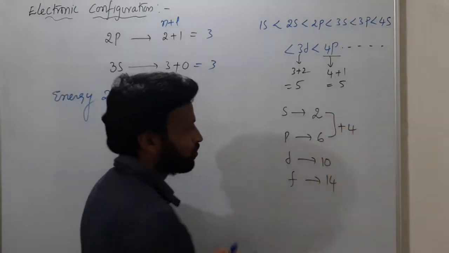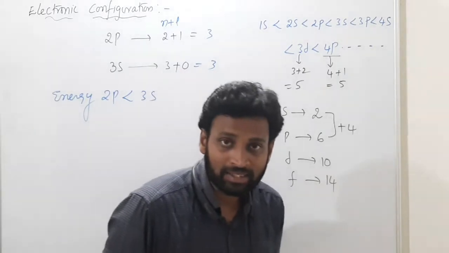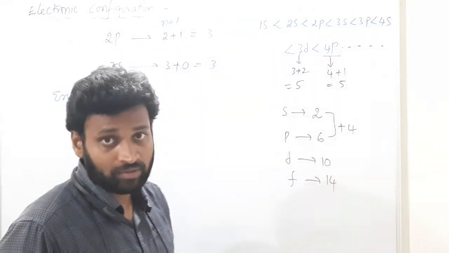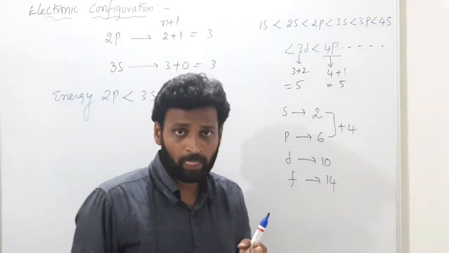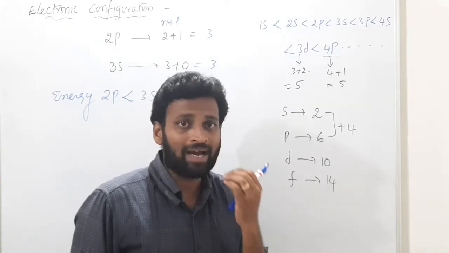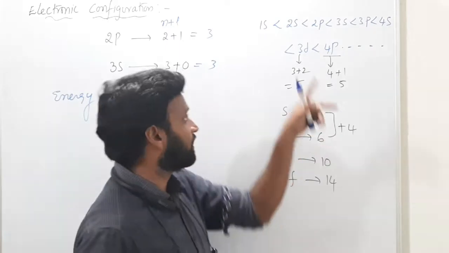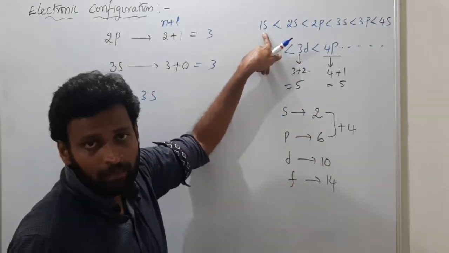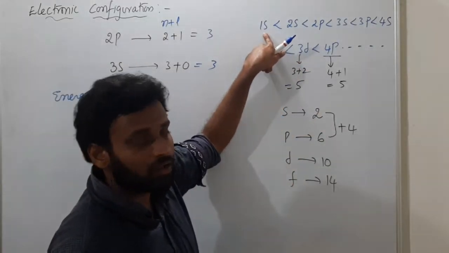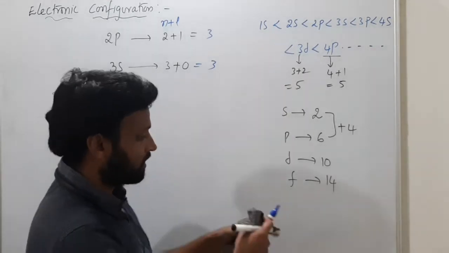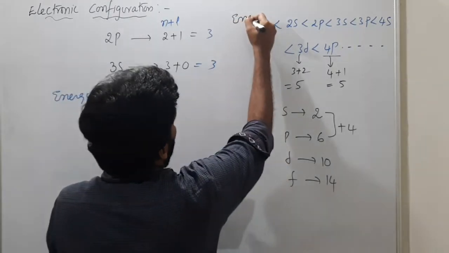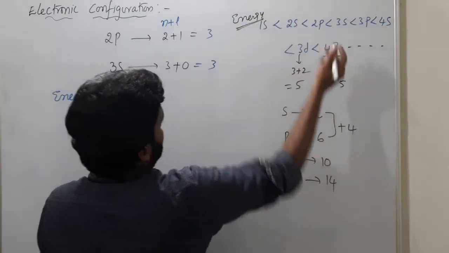Many times I told, today also I am telling, to write the electronic configuration. According to Aufbau, first we have to fill the maximum number of electrons in the less energetic subshell. Means first in which we have to fill electrons? 1s, because this is the order of energy of various subshells.